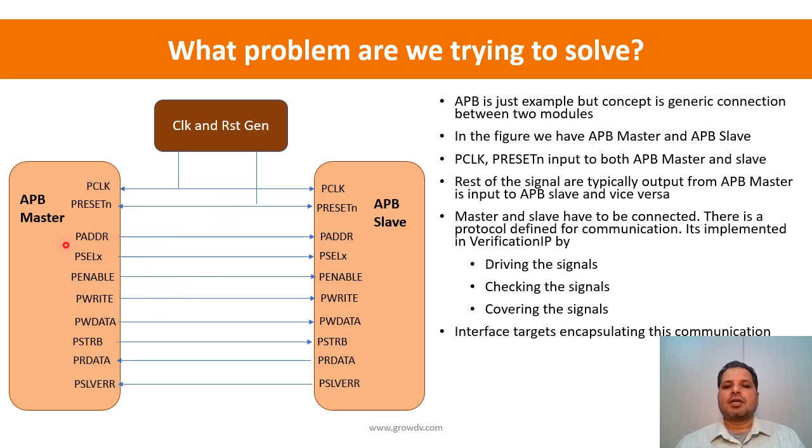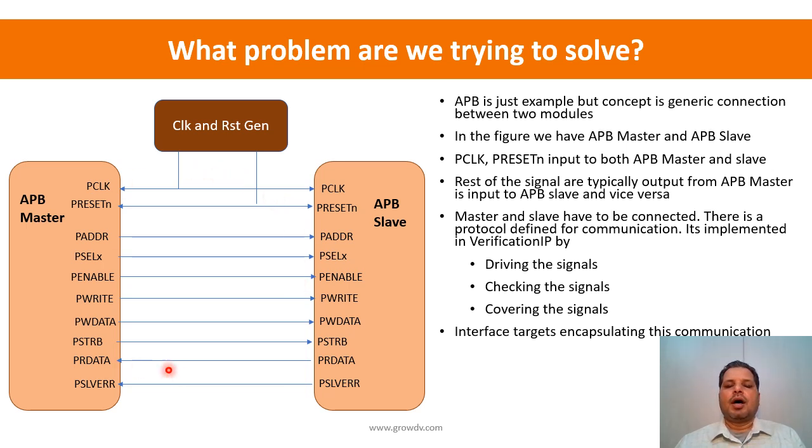So if we look at it as an overall system, we have a set of common signals, and then the rest of the signals which are generally output from one side and input to the other side, like here also, where the output is from the slave side and the input to the master. What this means from a verification standpoint is that we need the ability to drive some signals, and the ability to monitor some of these signals, whether we are doing the checking or the coverage on these signals.